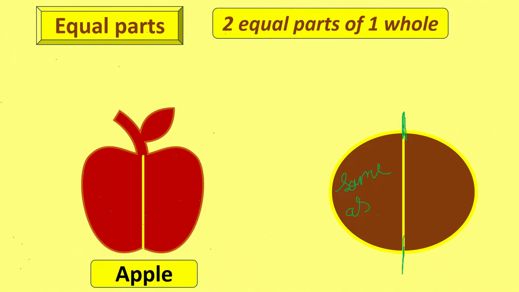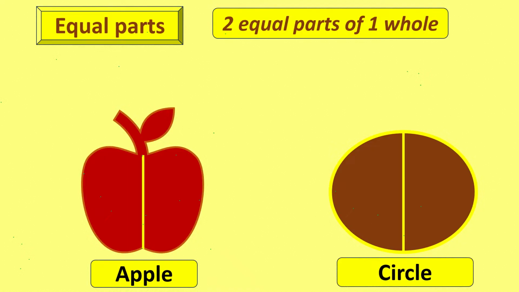So we say the first shape is equal to the other one. Okay, very good. You're a master about it when you clearly understand each word. So it's the shape of a circle.